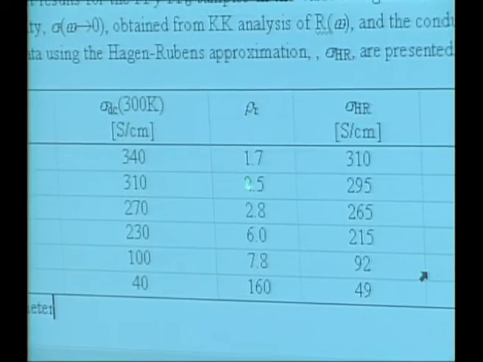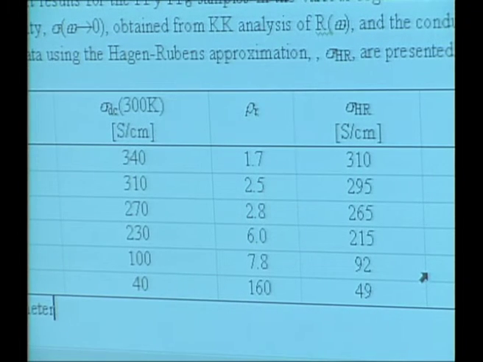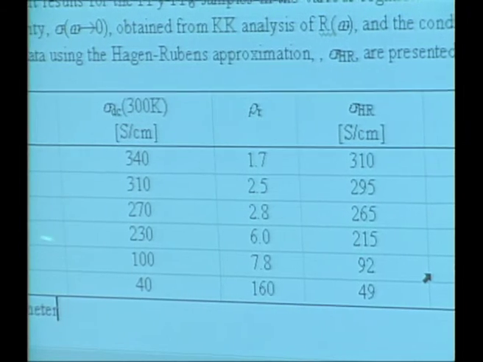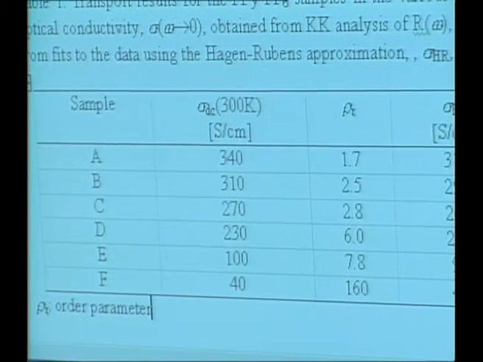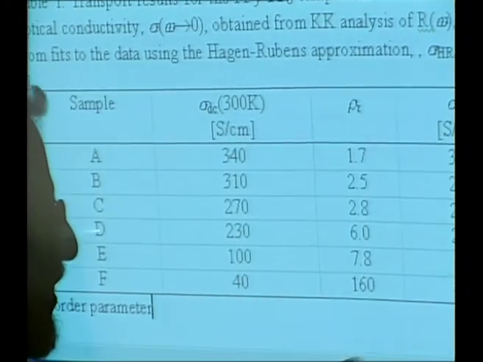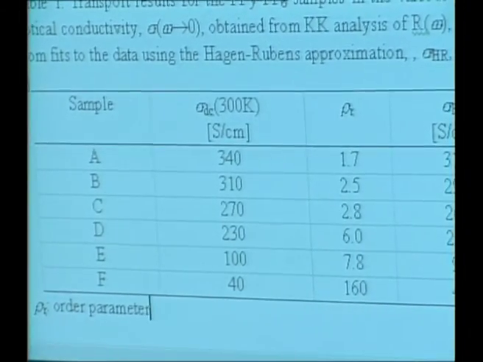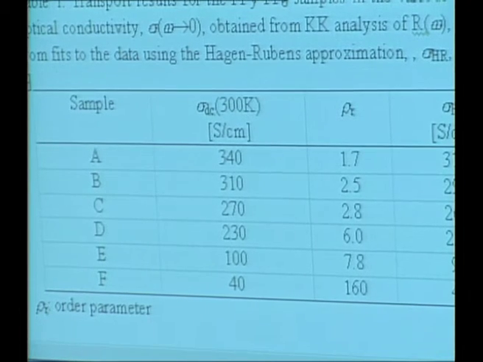This is the resistance ratio from 4 degrees Kelvin to room temperature: 1.7, 2.5, 2.8, 160. This one was the critical point. So in some sense, this is roughly like an order parameter. Okay?